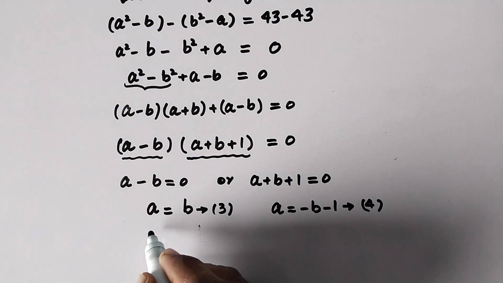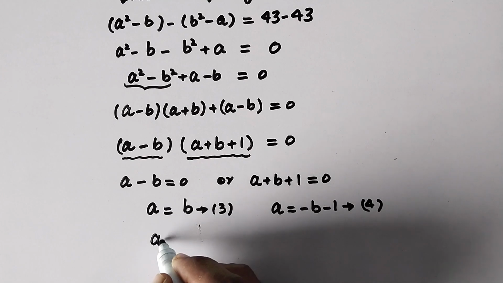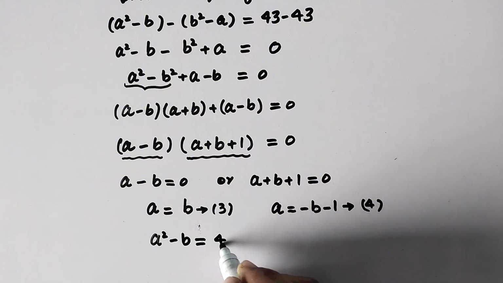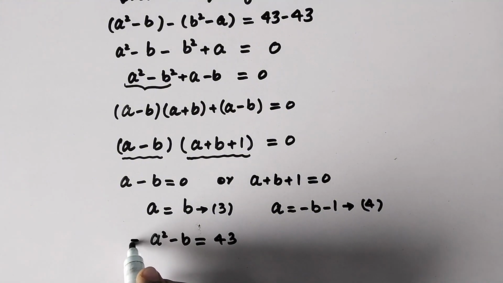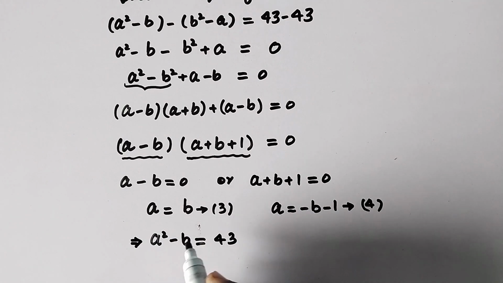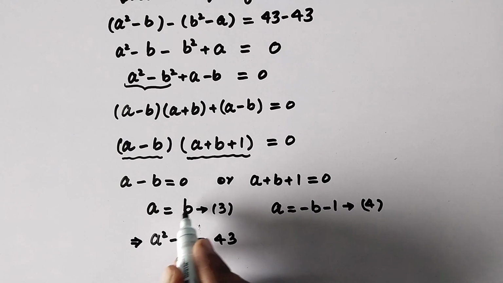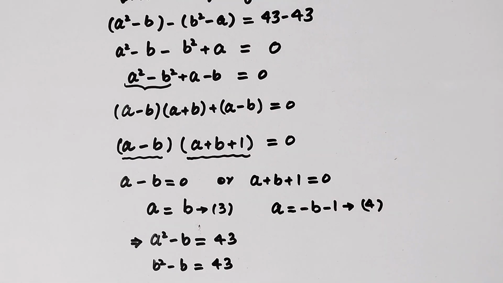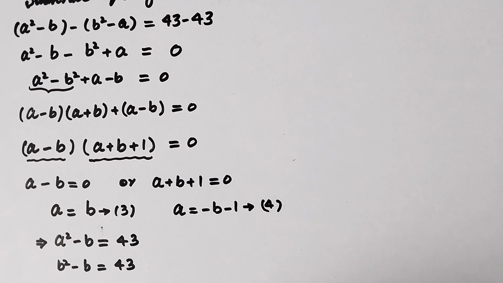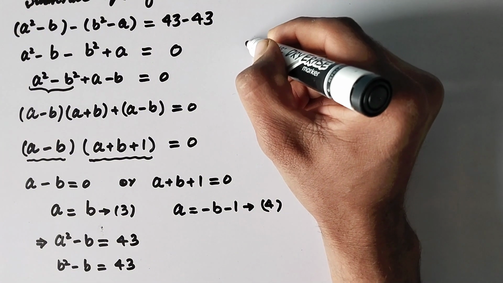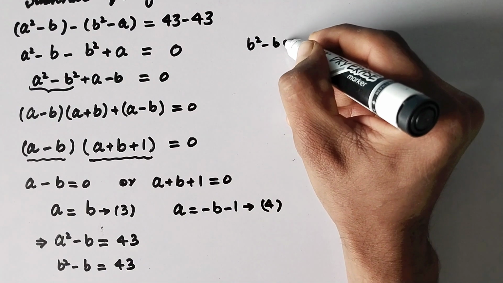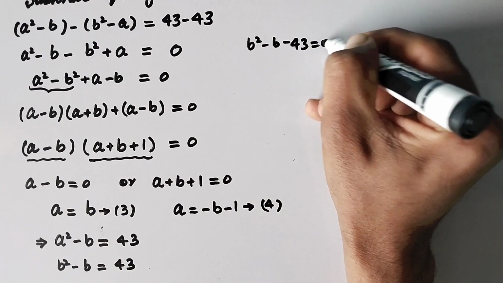Equation number 1 was a squared minus b equal to 43, and by putting the value of a in this equation, as a is equal to b, it will be b squared minus b is equal to 43, or we will write this equation as b squared minus b minus 43 equal to 0, with 43 negative on the left hand side.